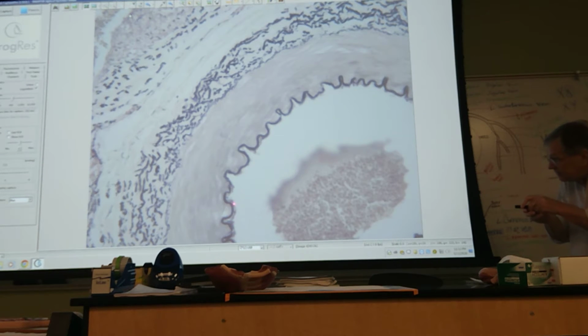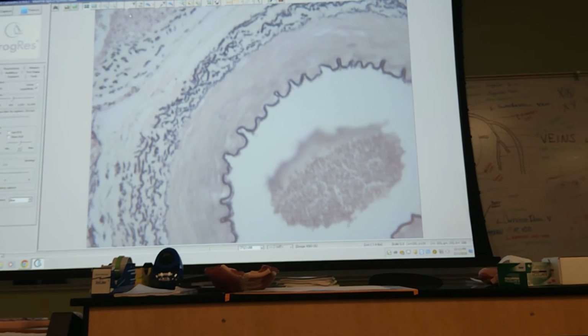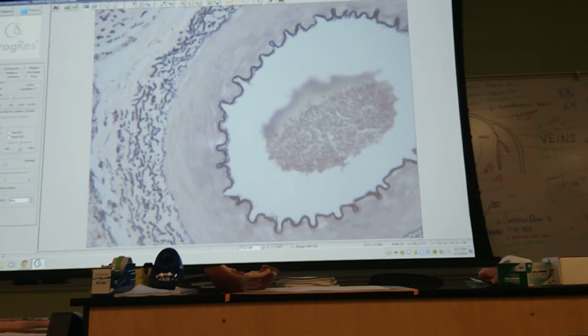See this stuff right there? You can see it here and here, a little bit there. There's some up here. There's a little bit hanging out. Okay? This is the simple squamous epithelium. You can see it very nicely right here.